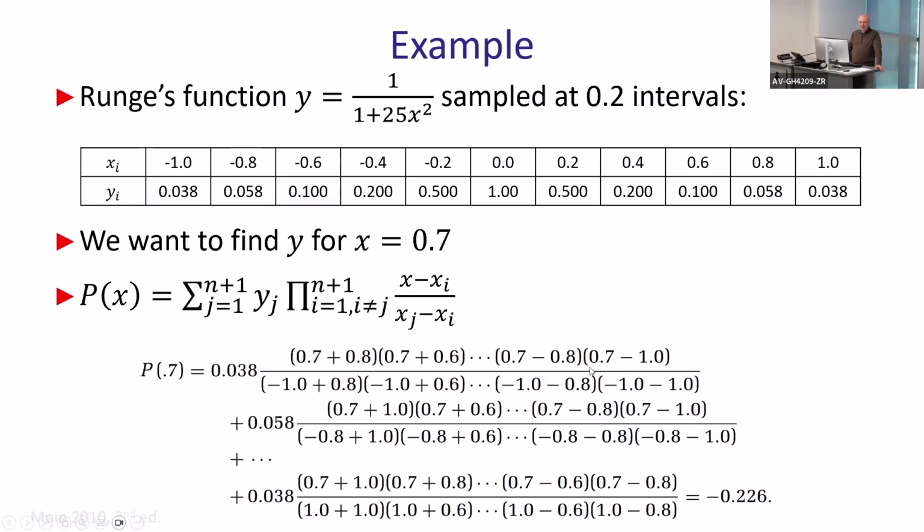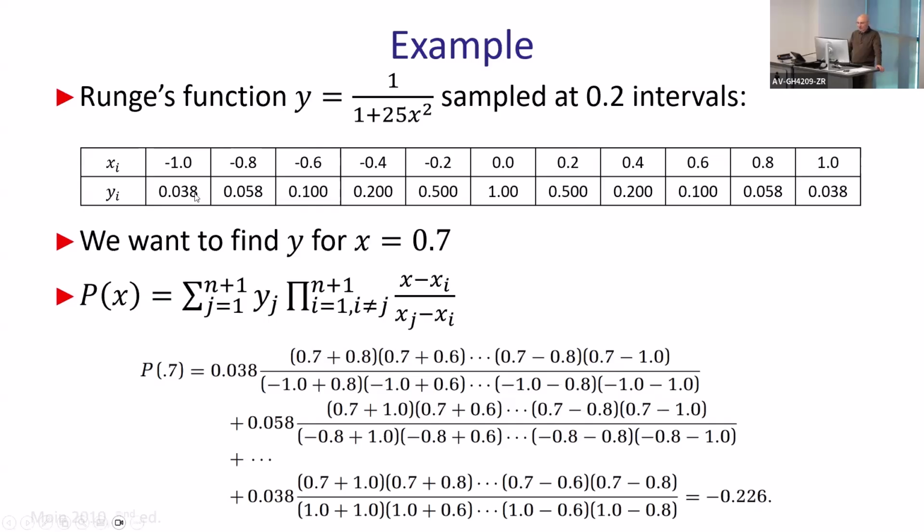Computers do that much more efficiently, obviously, but by hand it's tricky. You have how many points? 1, 2, 3, 4, 5, 6, 7, 8, 9, 10. That's tens of polynomials, a long way to go to write all the things, so I'm not doing that. But the result, if you use a computer and compute all these things, will be -0.226. Does it make sense?